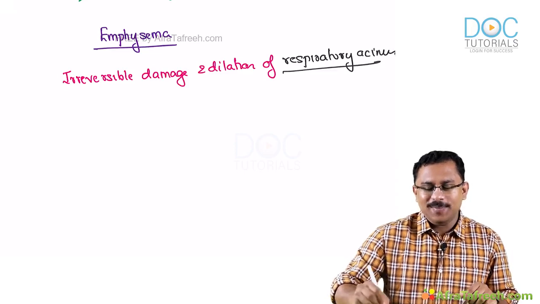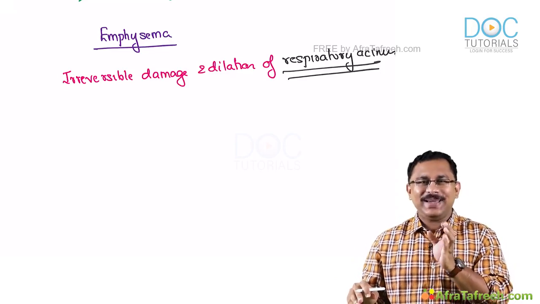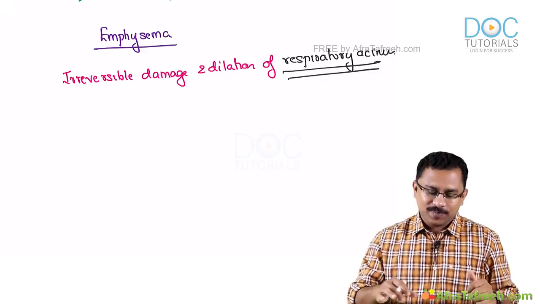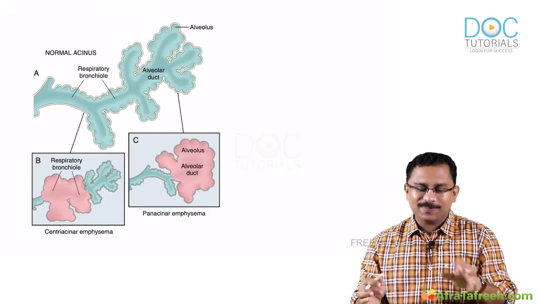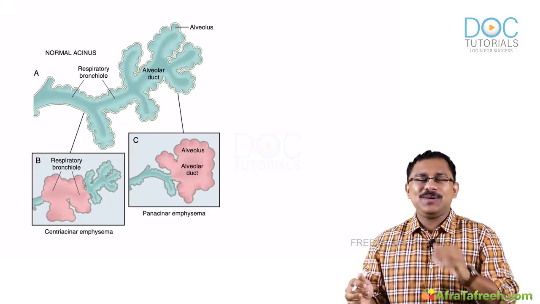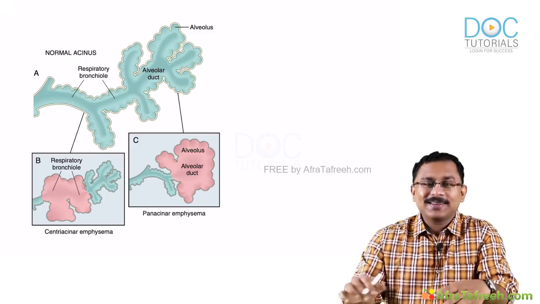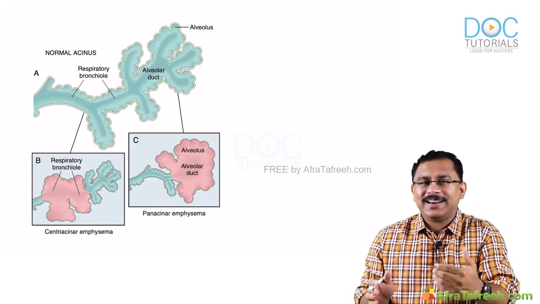Now, what do I mean by this? For that you have got to have a basic understanding of what this respiratory acinus is. So, I'll take your attention to a picture in Robbins pathology. At least some of you would be able to recognize this picture. Now, this one you can see here is a section of the respiratory acinus.